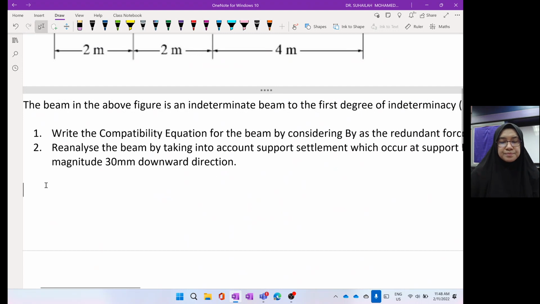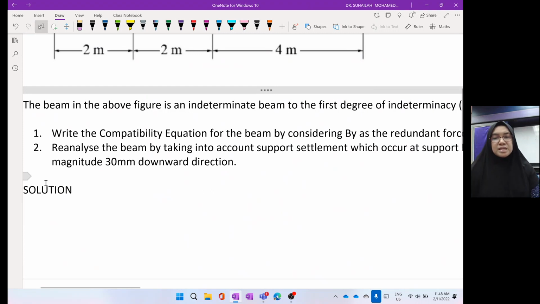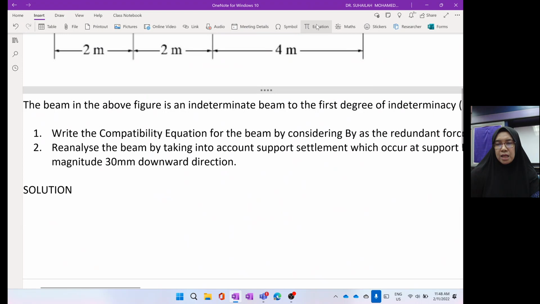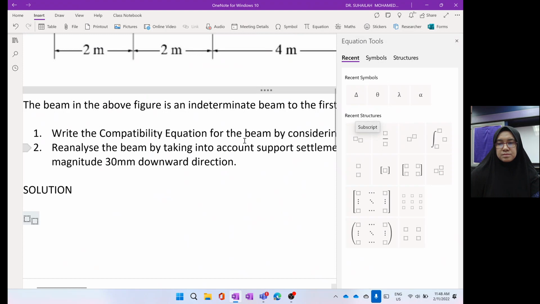Okay, we start with the solution. In this case, R is equal to BY. R, this one redundant, equals BY.